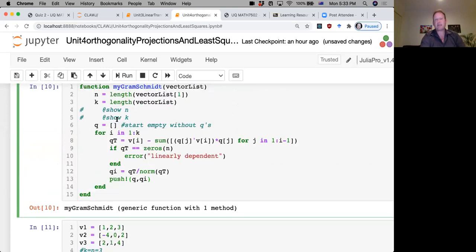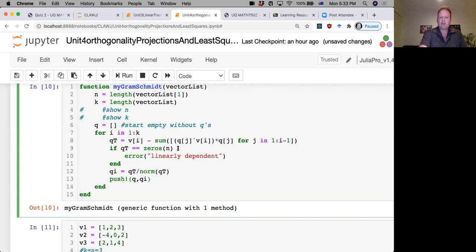This is not necessarily the most efficient implementation because you're starting with an empty array. You're starting with an empty array q, and every time this appends qi to the end of that array, and when you do that, sometimes the computer needs to reallocate and things like that, but that's okay.